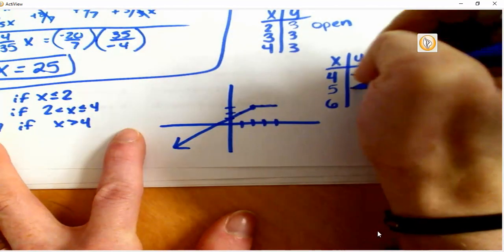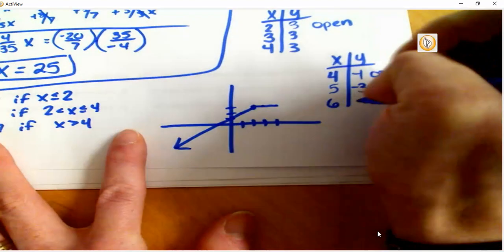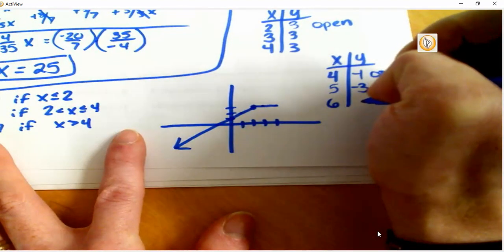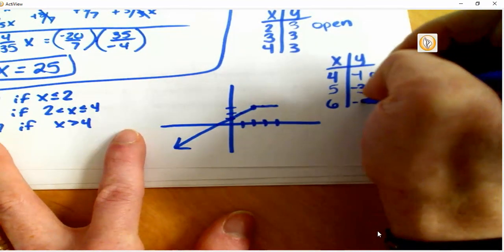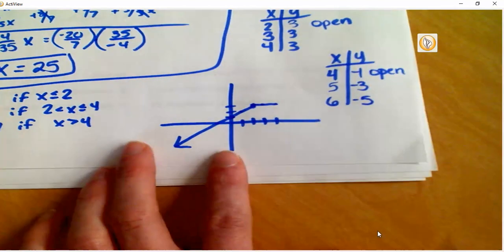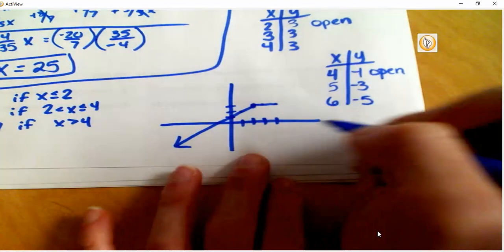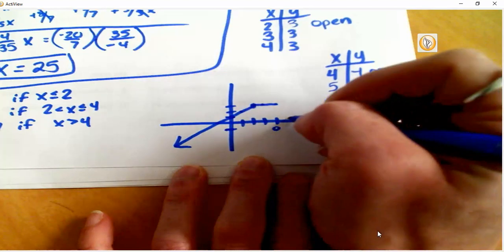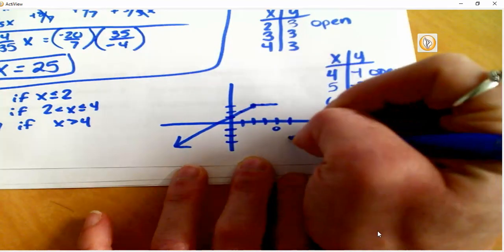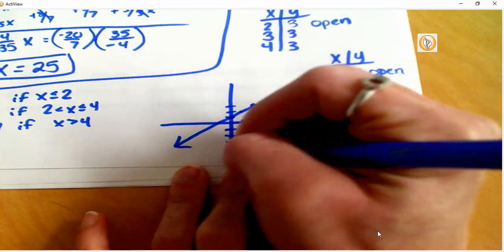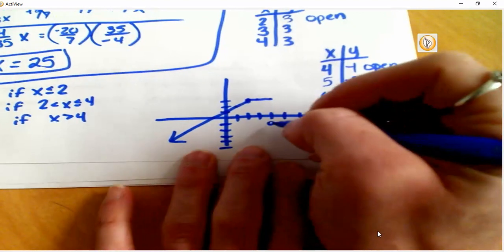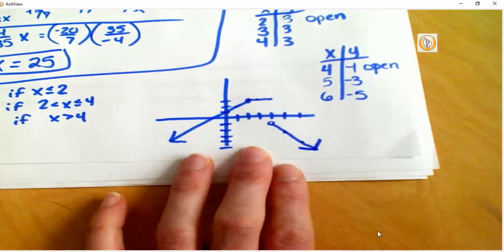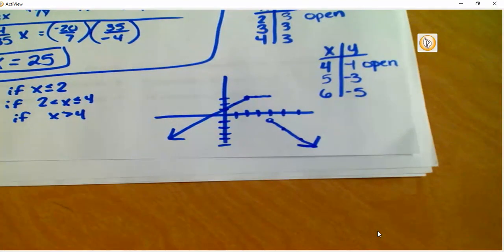Plug in a 5, we get negative 3, 6, negative 12 plus 7 would be negative 5. So 4, negative 1 is open. 5, negative 3, 6, negative 5, and extends that way.